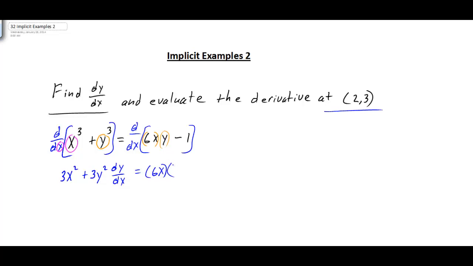Well, the derivative of y, once again, doesn't match up with our variable x, so we write dy/dx. And then the product rule says plus the second piece, which is the y, multiplied by the derivative of 6x, which would be 6. And the derivative of negative 1 is 0.